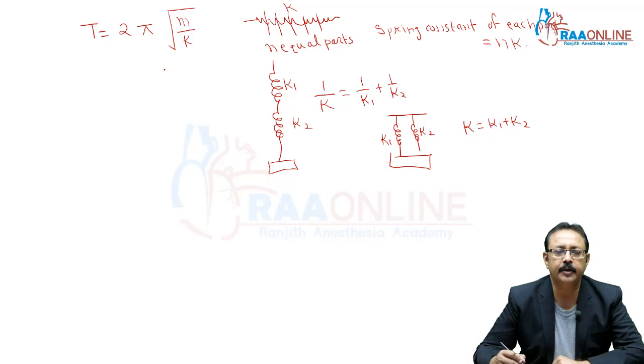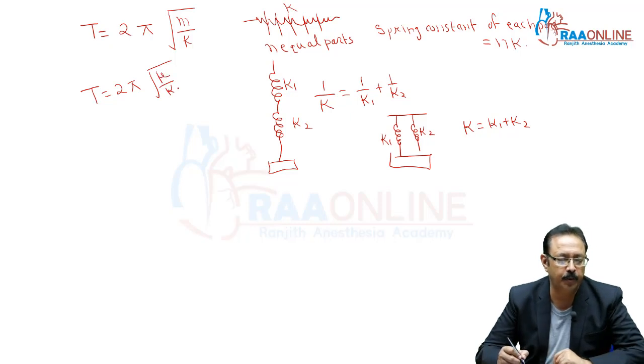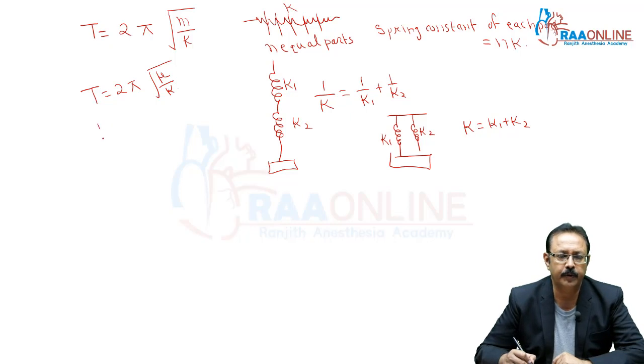If you are attaching two masses to the same spring, then in place of M you have to put the reduced mass, denoted by mu. And what is mu? You can calculate it by the formula M1 M2 upon M1 plus M2.